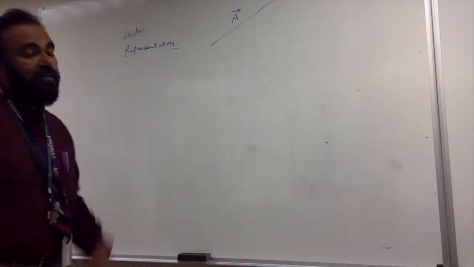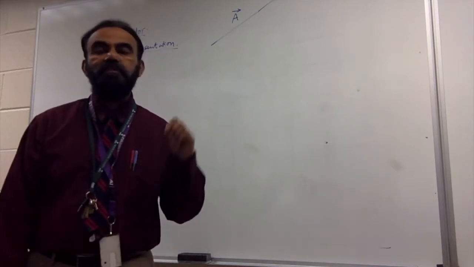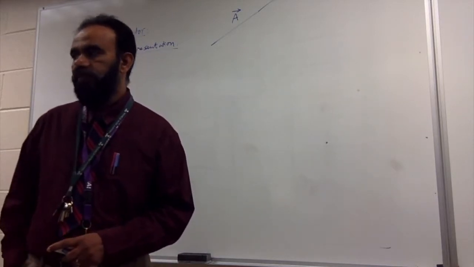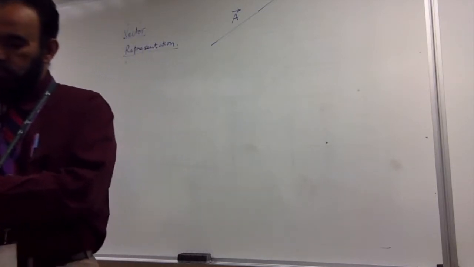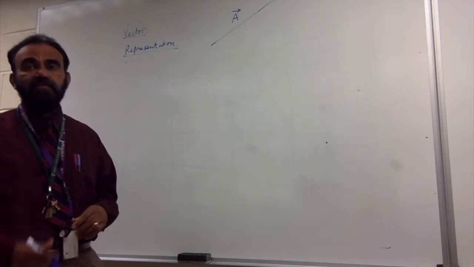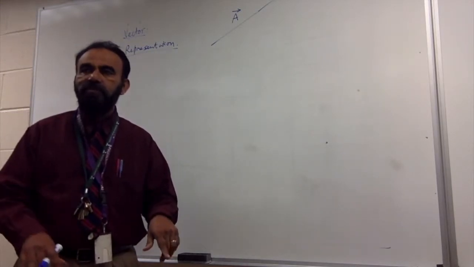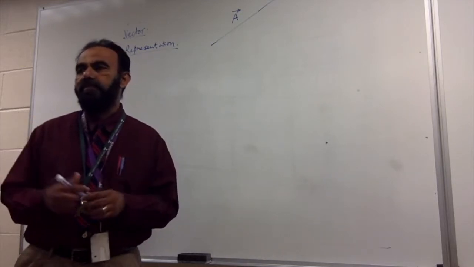But with vectors, you cannot just add and subtract them. You have to be conscious of the directional element. Unless the direction is taken care of, you will not be able to process vectors. So what we are going to do today is to learn how to process vectors.